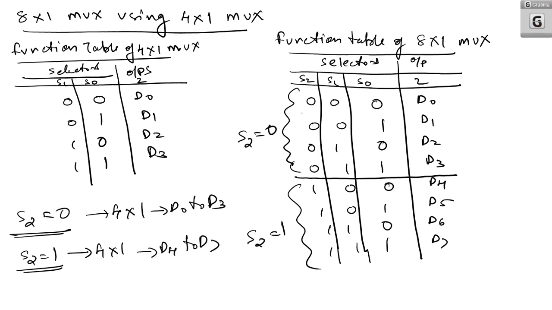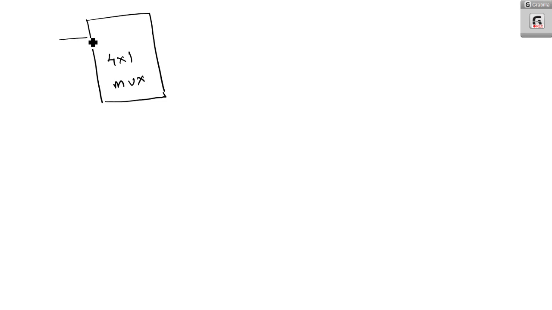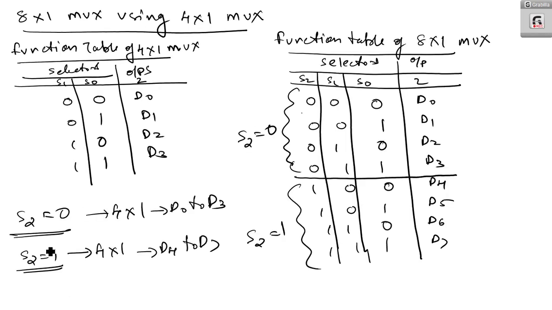That means actually there are three selector switches, and one of the selector switches is used to select the 4x1 mux. Okay. So if I am drawing the figure, here I am having a 4x1 mux. So first I am having D0, D1, D2, D3. Now here which are the selector switches? I have three selector switches, right? S2, S1 and S0.